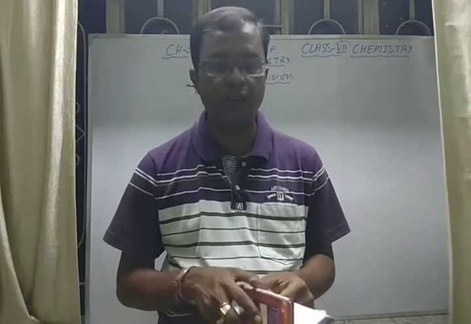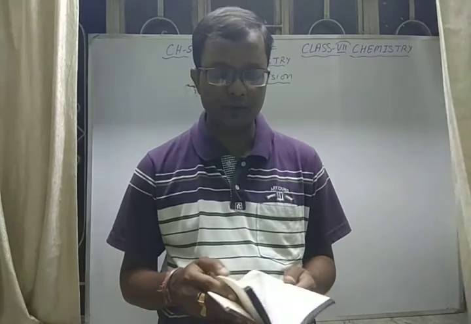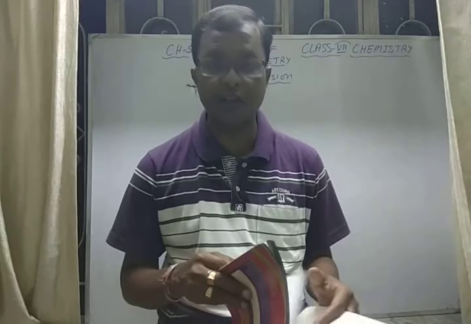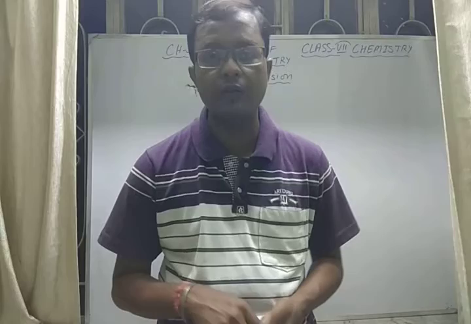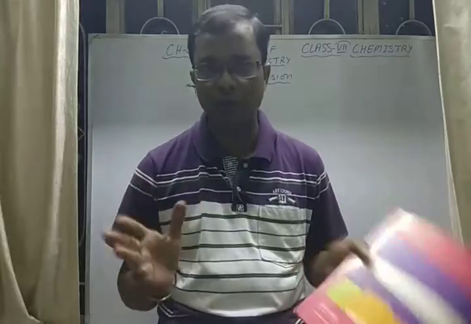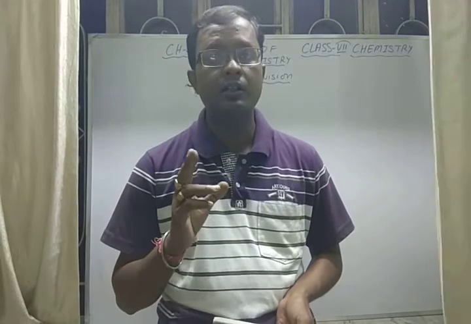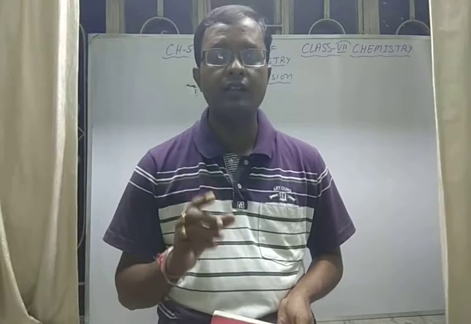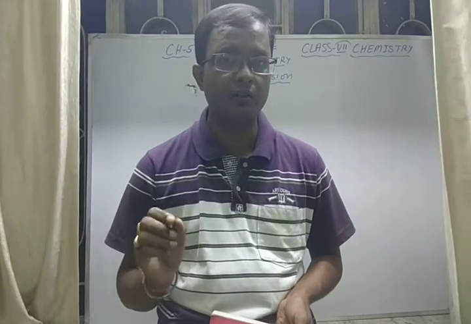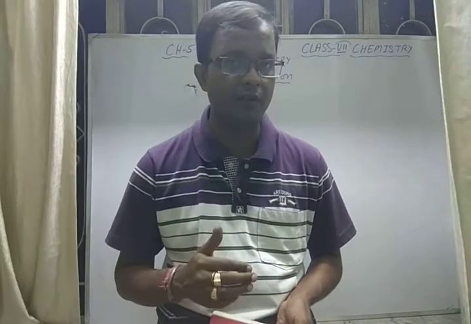So these are the things that we have to remember in this chapter. After that, go through the whole chapter, and in chapter number 4 the charts are very important, because if you don't learn those charts, you will not be able to frame a chemical formula. If you are not able to frame a chemical formula, you will not be able to write a proper chemical equation, or go from a word equation to a skeletal equation.